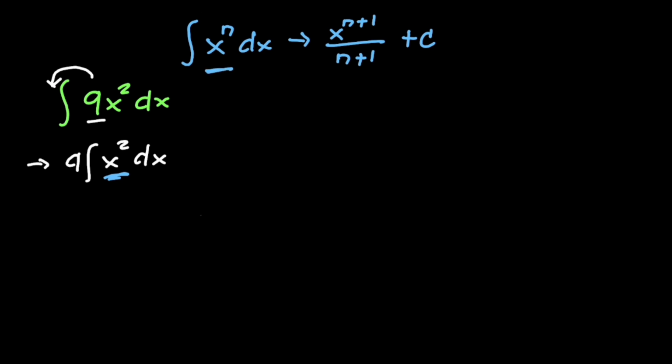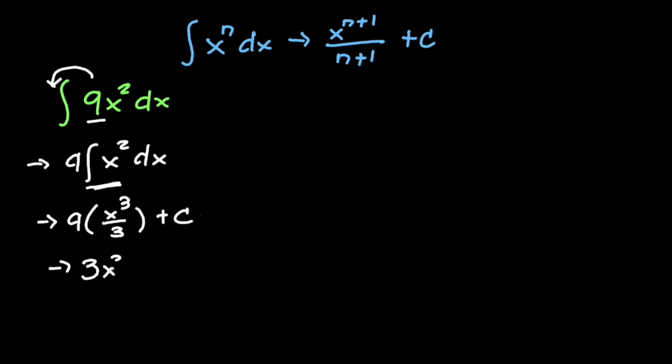So it will be simpler. And as usual, just multiply 9 by it. So 9 multiplied by the integration of x squared, which will be x cubed over 3 plus c. So 9 divided by 3 will be 3x cubed.